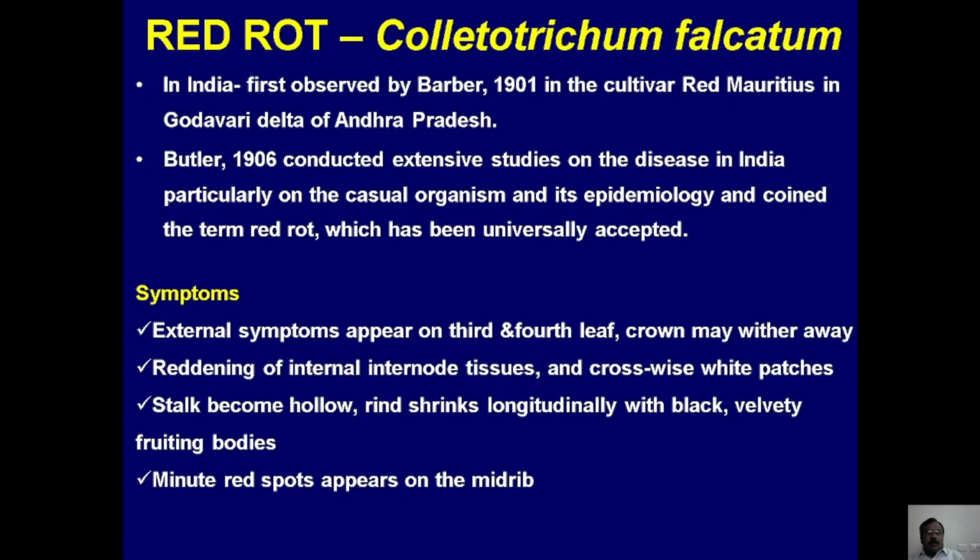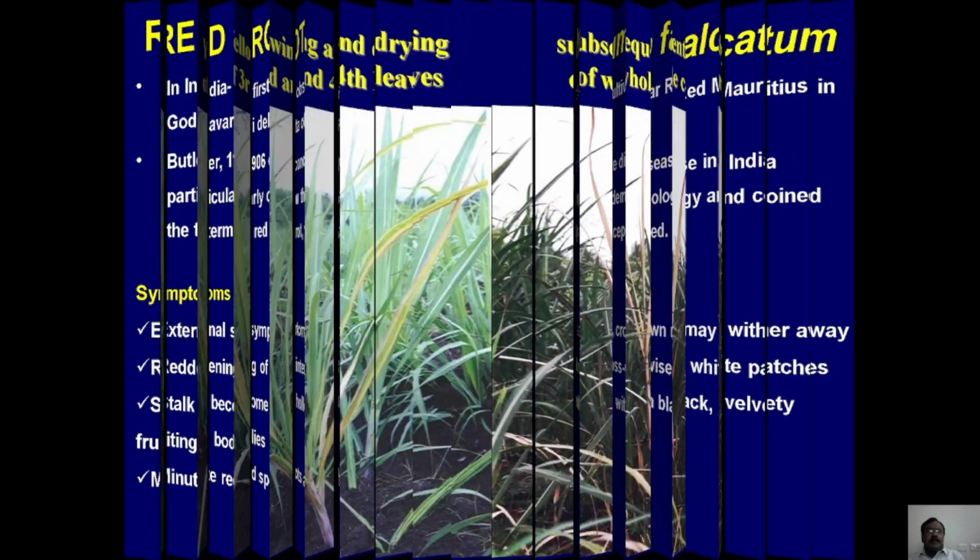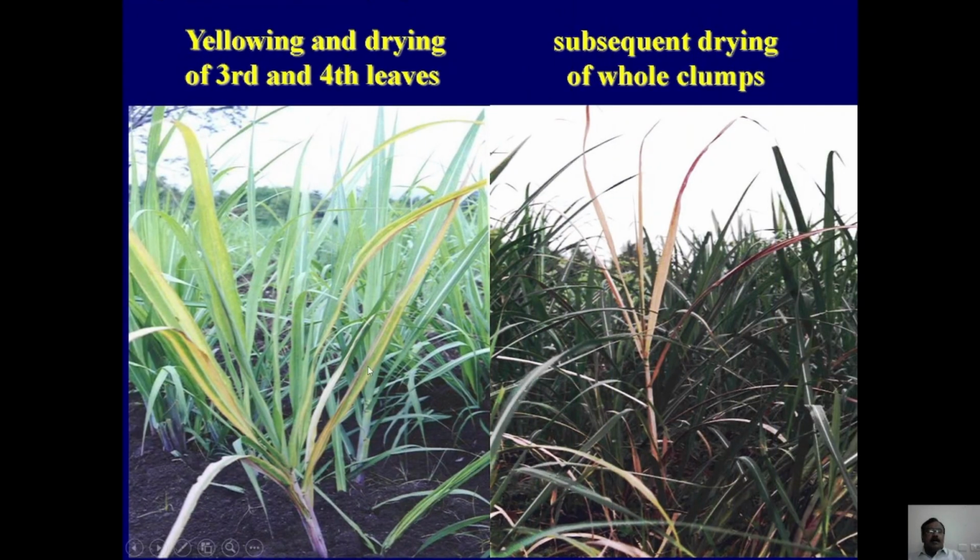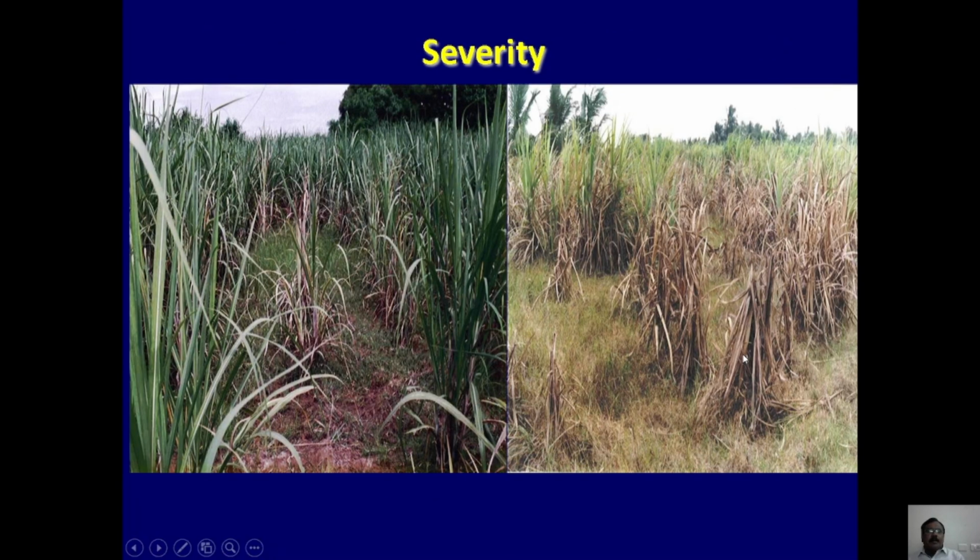It also produces minute red spots on the midrib of leaves, and there is yellowing and drying of the third and fourth leaves of sugarcane, and finally drying of whole clumps. When the disease is severe, the entire field becomes completely dried, leading to great yield loss.